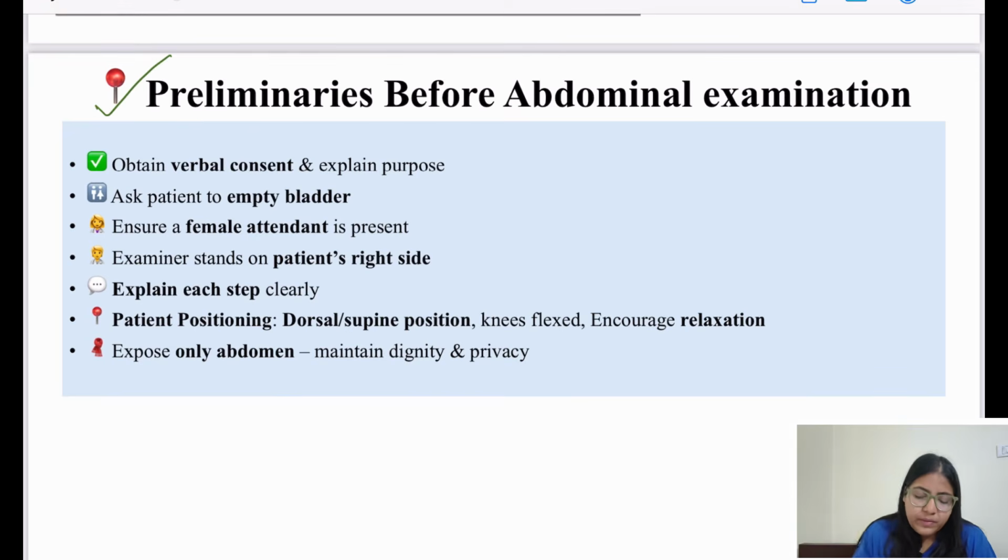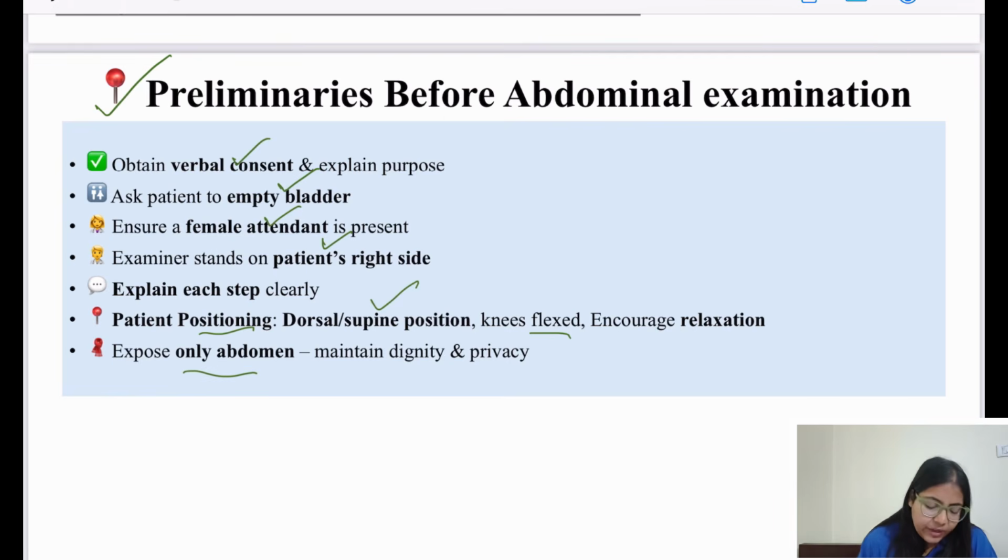Now some preliminaries before abdominal examination. As always, you take the consent of the patient, you tell the patient to empty her bladder. In case of male doctor, you need a female attendant. And then you stand on the right side of the patient, you explain the patient what you are going to do before each step, and the position of the patient is dorsal or supine position with knees flexed, and you tell the patient to relax her abdomen so as to facilitate your examination.